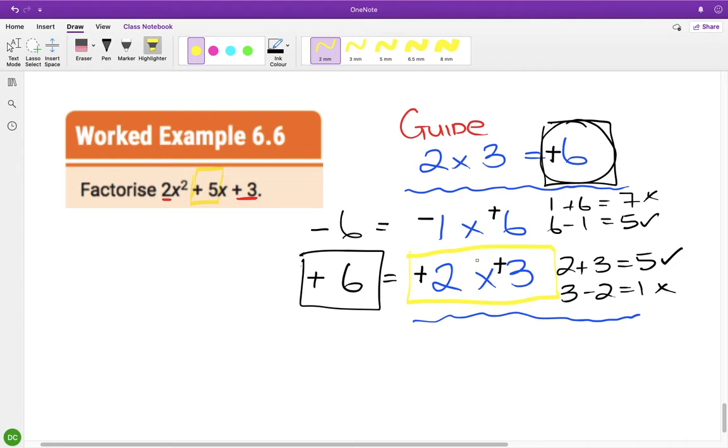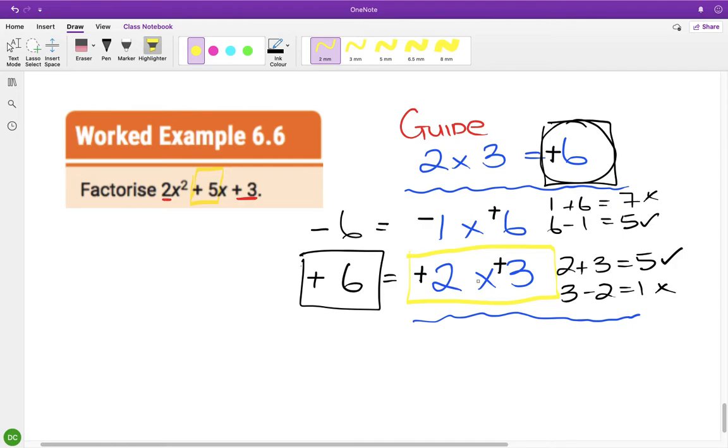So if that happens, and I did say it's rare, but if that happens in a question where there's 2 possible factor pairs that work, what you then look at is the multiplication and see which one actually gives you back your guide number. So here, in order to use 1 and 6 to get a 5, I would need a minus on my 1 and a plus on my 6. When you multiply numbers with different signs, you get a minus.